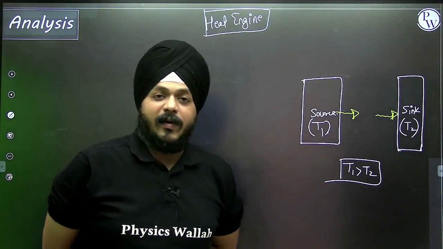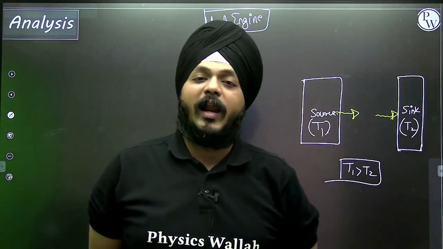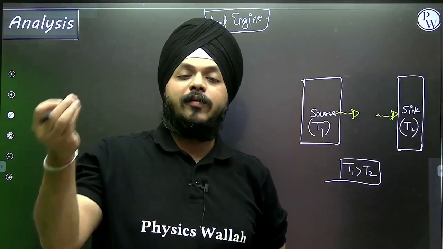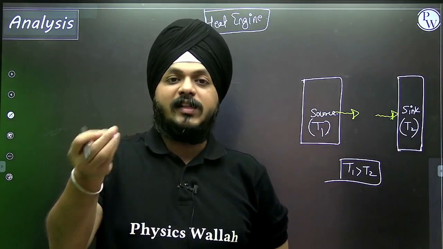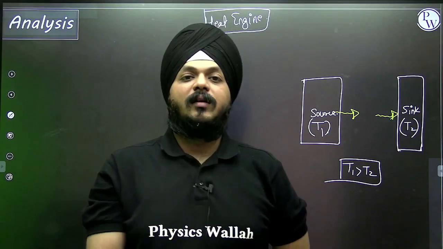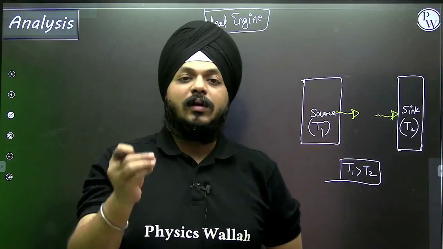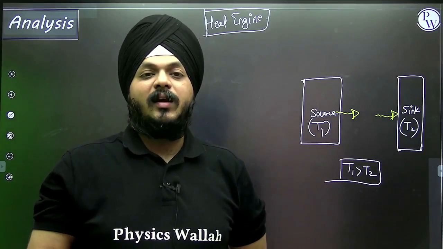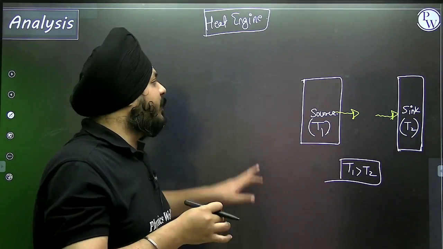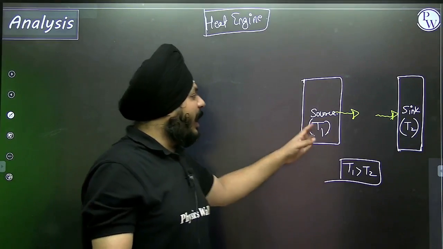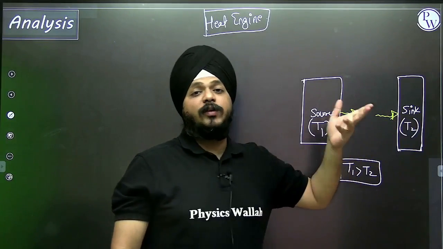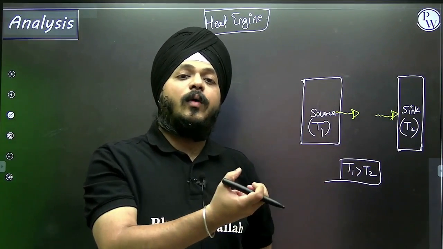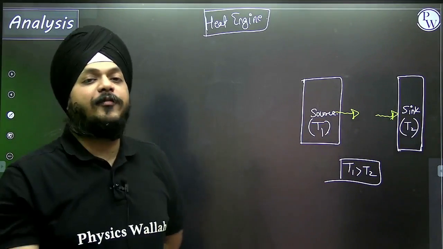Are we not taking advantage of water flowing to generate electricity? We call it hydropower; from water we are generating electricity. This is one of the natural resources. We had the same thought while dealing with the heat engine: if this is at the higher temperature and this is at the lower one, then why should we not take advantage of it? Why can't we get useful work from it?